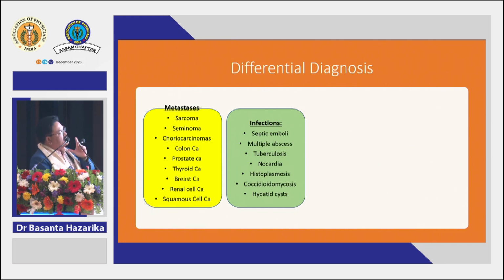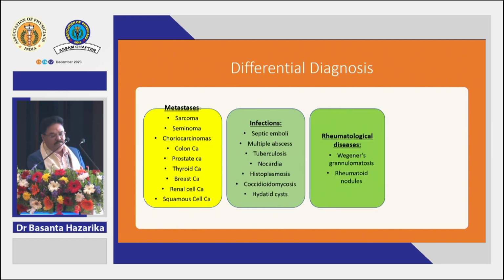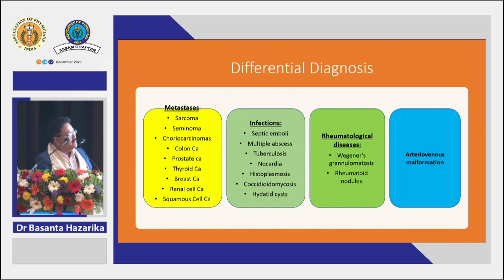And it may be due to infections like septic emboli, multiple abscess, tuberculosis, nocardiasis, histoplasmosis, coccidioidomycosis. Or it may be due to immunological causes like Wegener's granulomatosis or rheumatoid nodules, which is called Caplan syndrome. Or it may be due to vascular origins like arteriovenous malformations or aneurysm. Those are a long list of differential diagnoses of cannonball opacities in the lung.